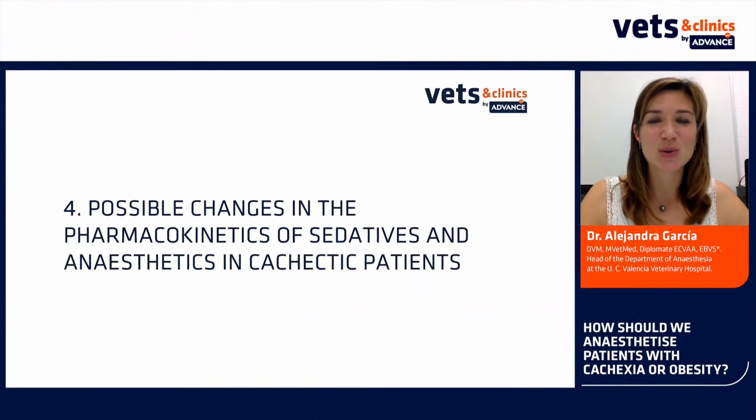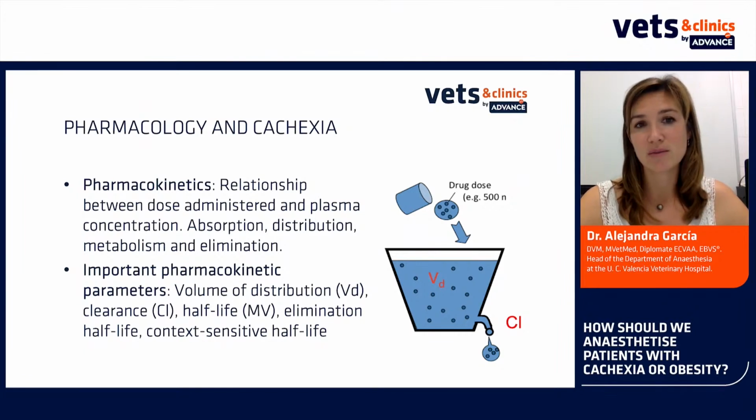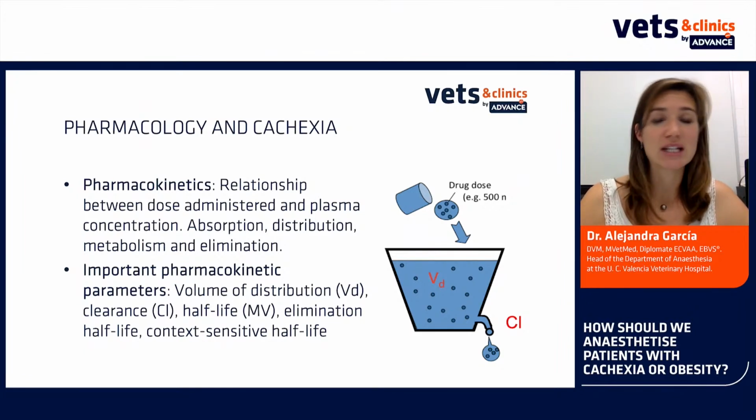Very good. So, regarding the changes in the pharmacokinetics, let's speak a little bit about the definition. Pharmacokinetics is the relationship between the dose administered of any drug and the plasma concentration of this drug. We normally divide the pharmacokinetics into absorption, distribution, metabolism, and elimination.